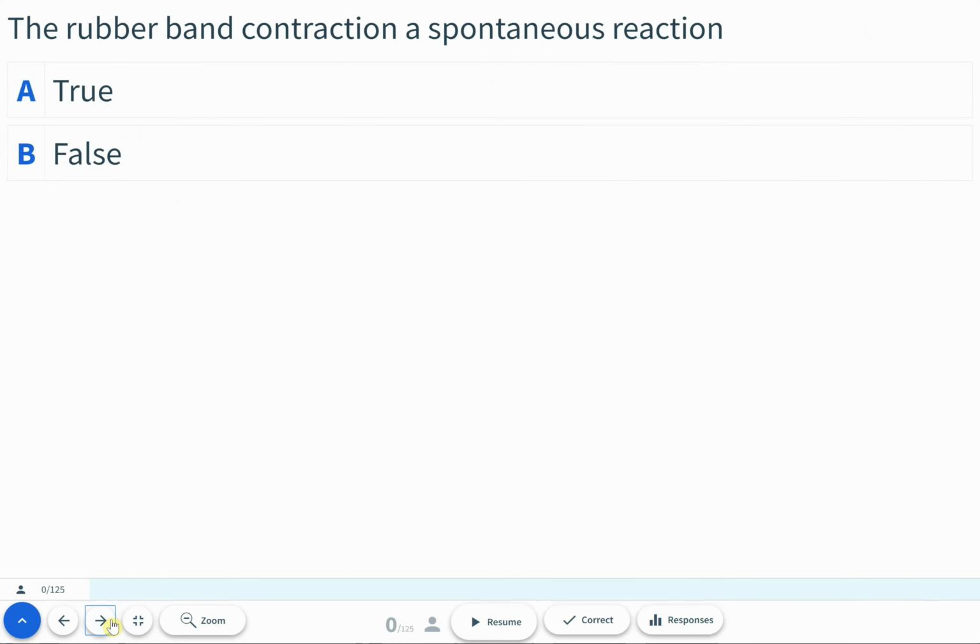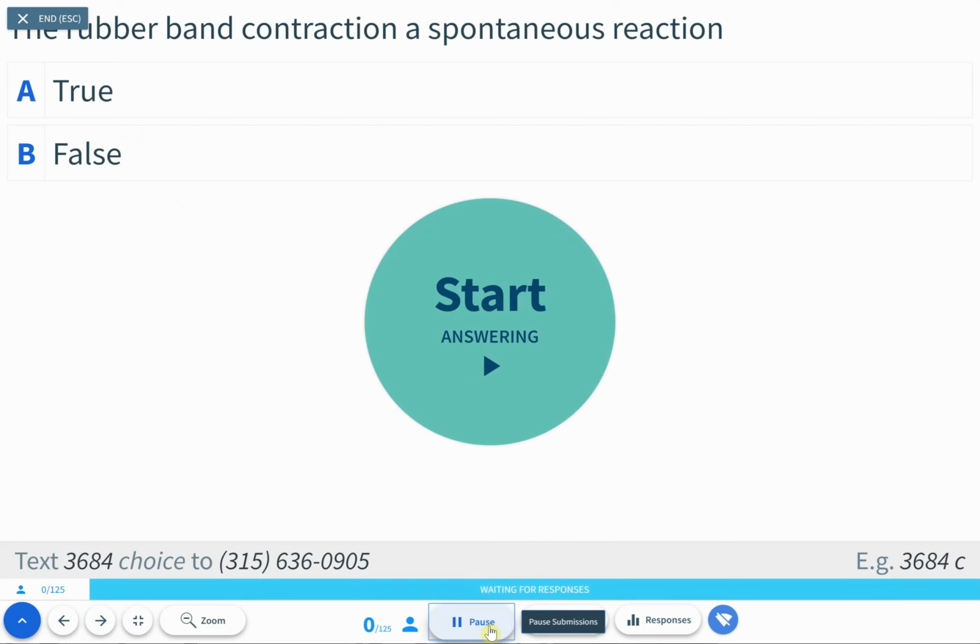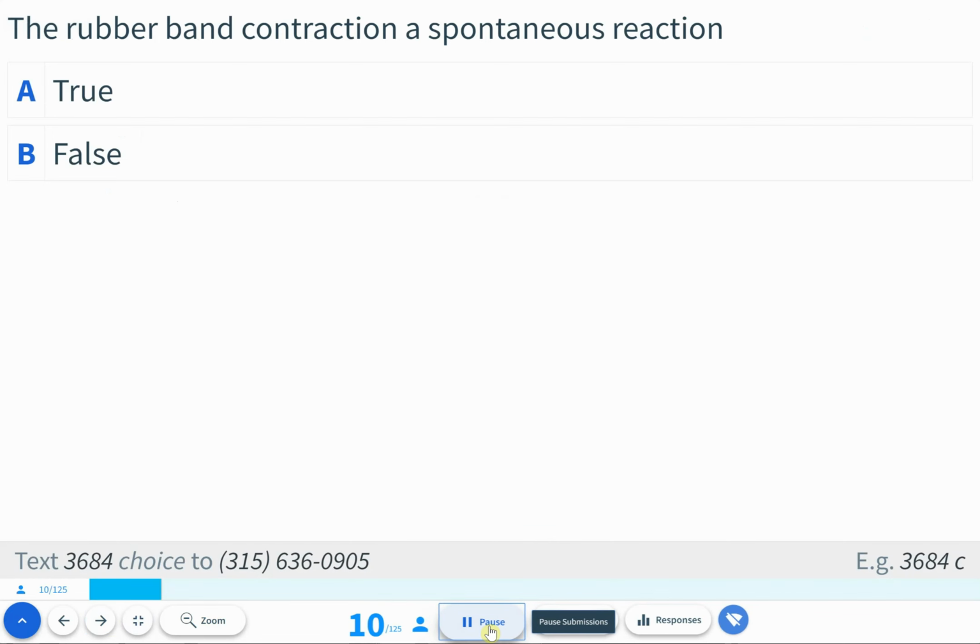The rubber band contraction, when you start out stretched and then you contract, that's the reaction we're talking about. I could write it in reaction form, stretched versus contracted. Is that spontaneous, true or false? Spontaneous just means it happens on its own. You don't have to drive it with force or work.